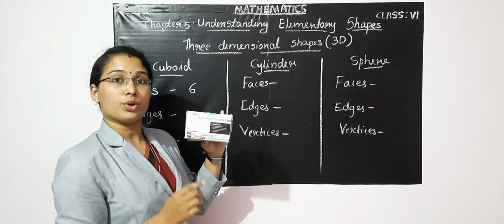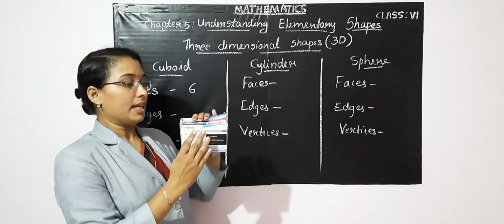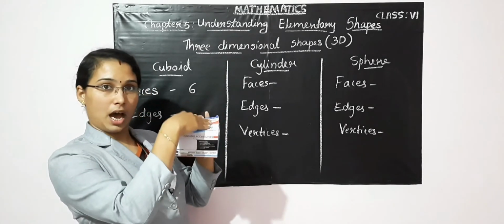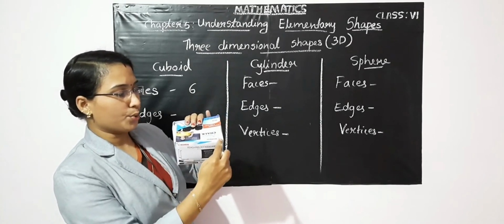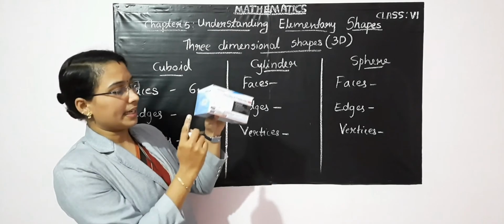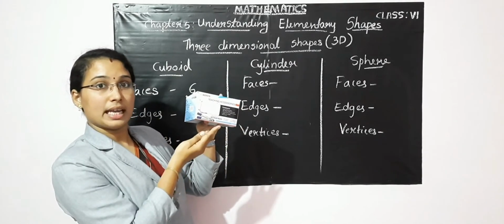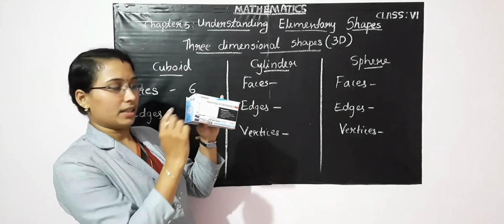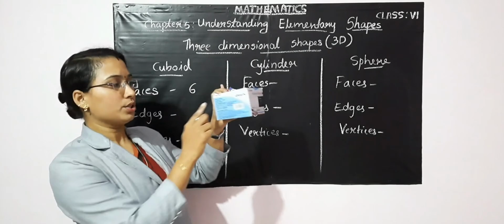Okay, so we can count how many edges there are in total in this cuboid. If you take this as the up portion, you can see 4 edges: 1, 2, 3, 4. Then down also 1, 2, 3, 4. 4 plus 4 is 8. Then on the sides 9, 10, 11, 12.